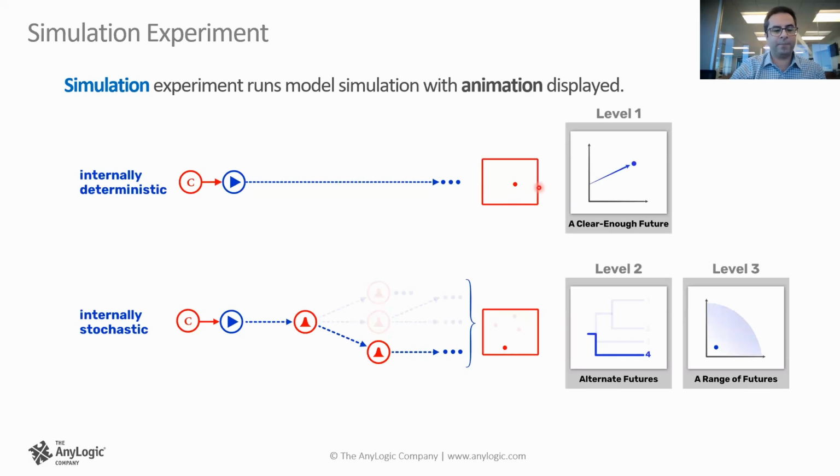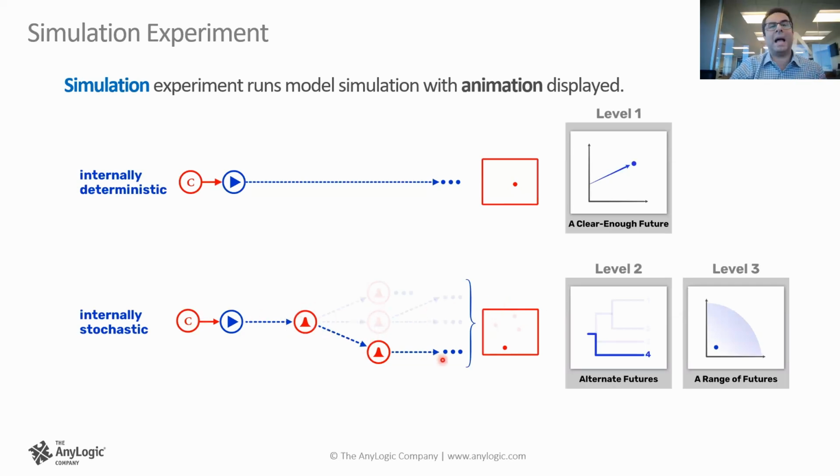The second scenario would be when we run a simulation, a single simulation, on a model that has internal randomness. So we start with a constant input, so we are not changing it. We run the simulation, and as you see, there are multiple paths forward into the future states of this model.